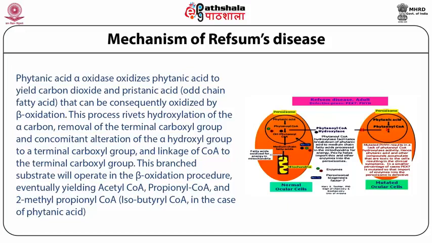Due to the lack of phytanoyl-CoA hydroxylase activity, accumulation of phytanic acid and other compounds takes place, which are toxic to the cells, resulting in the clinical symptoms. In a smaller percentage of cases, PEX7 is mutated so that import of the enzyme into the peroxisome is defective.